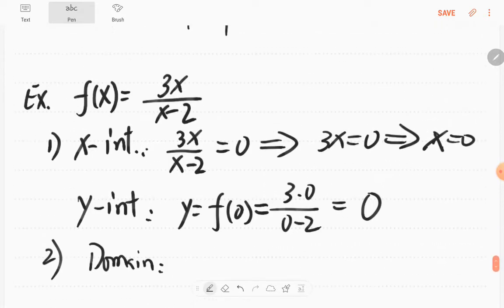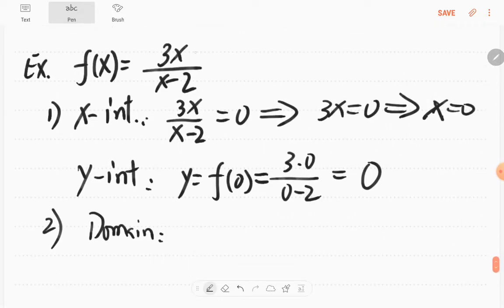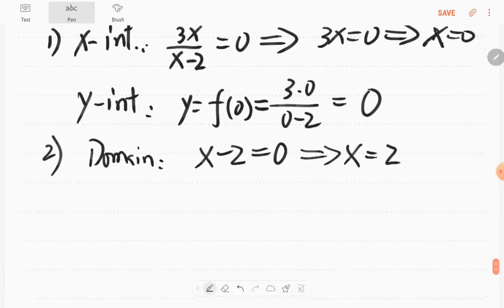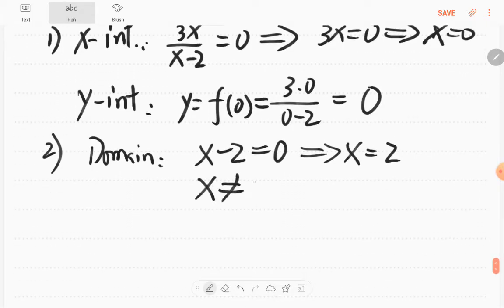2. The domain. Here we have a polynomial over a polynomial, so the domain is: the denominator cannot be 0. Which number makes the denominator 0? We set the denominator equals 0, which is x equals 2. So in other words, x cannot be 2.